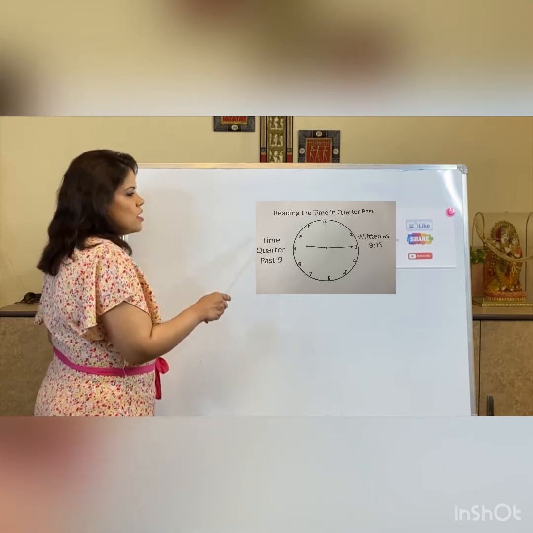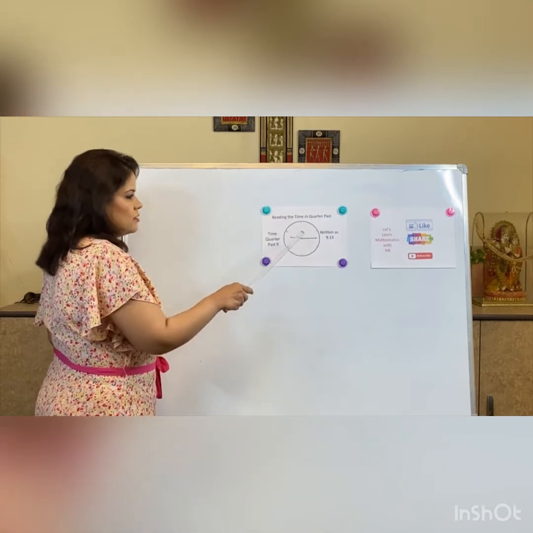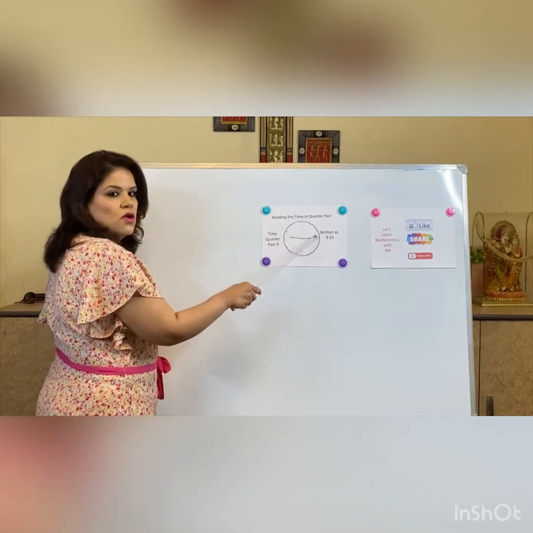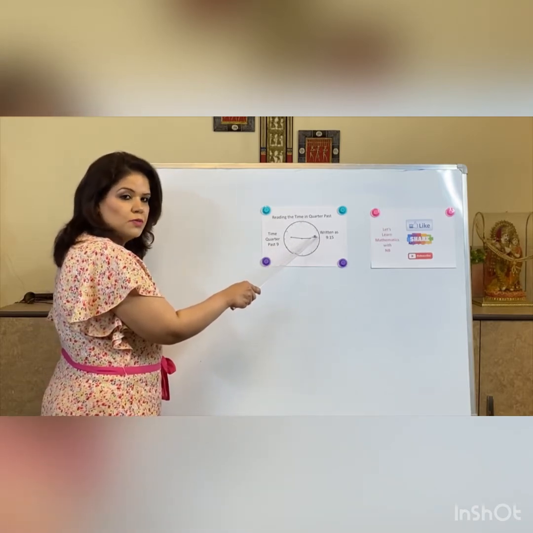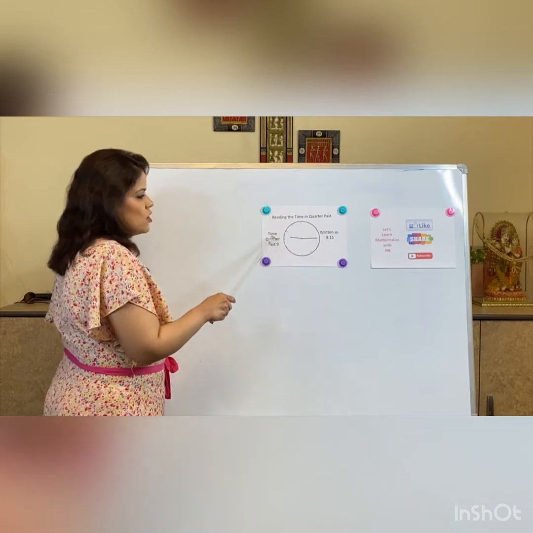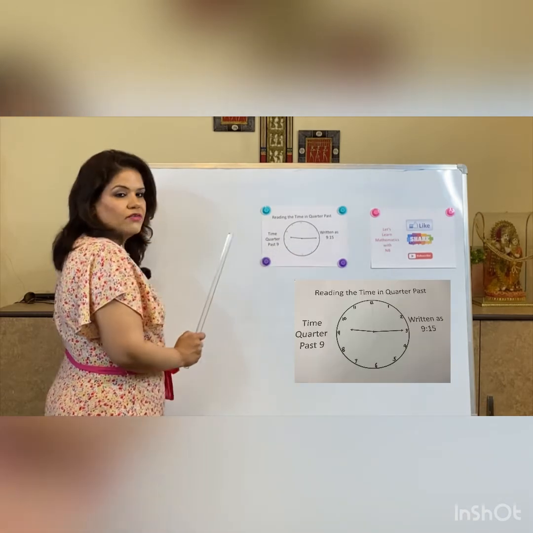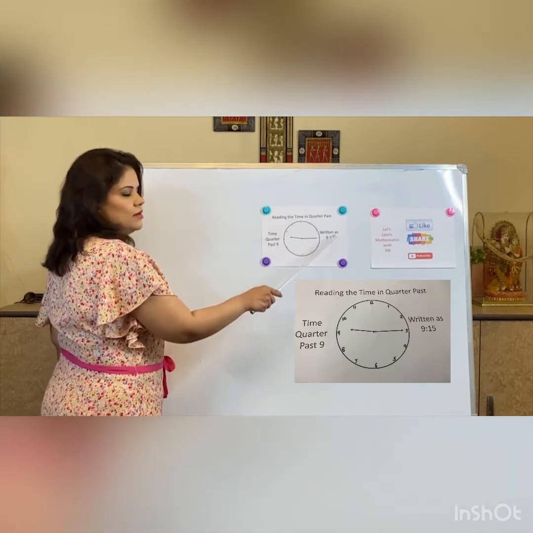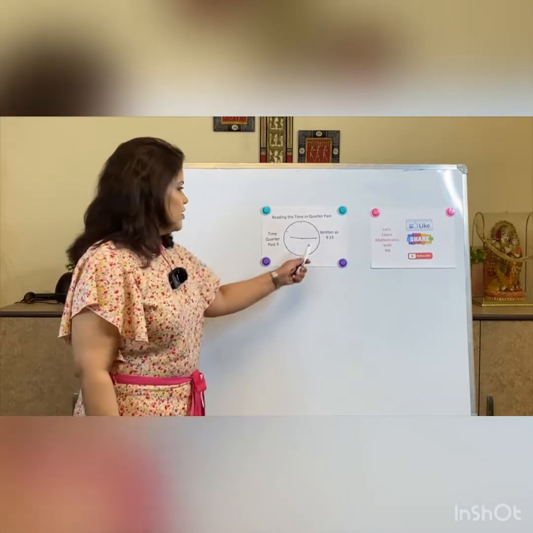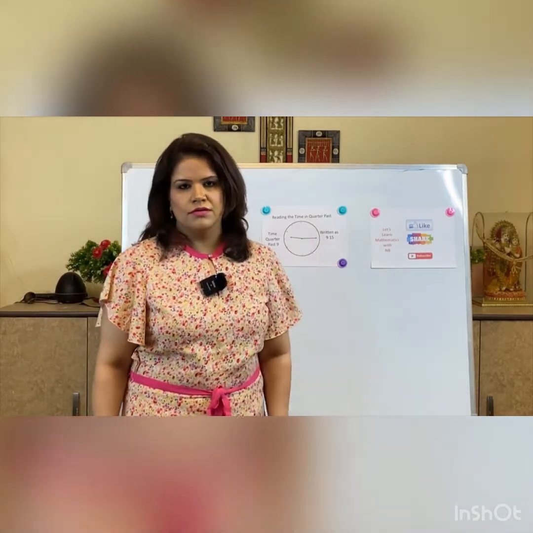So we will say quarter past 9. That means 15 minutes of the clock have been covered. And how can we write it? 9:15. This is how we write it in a digital clock.